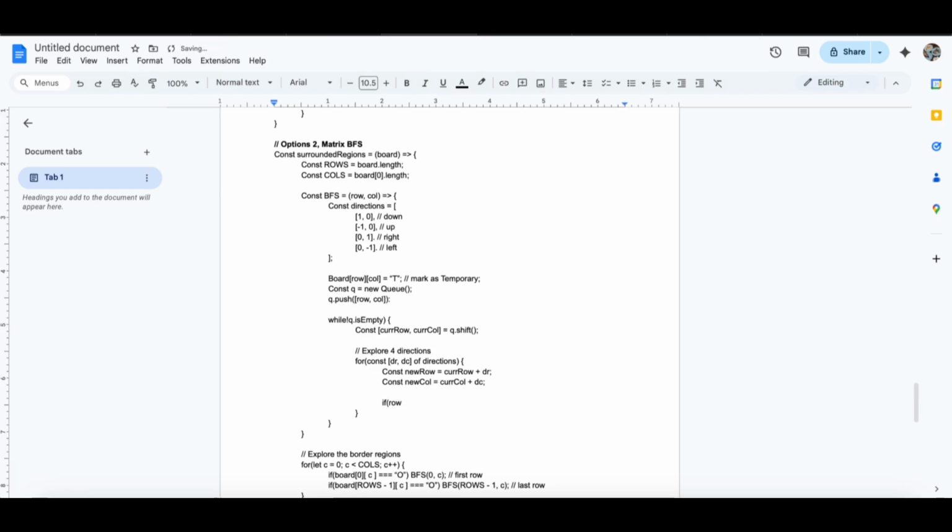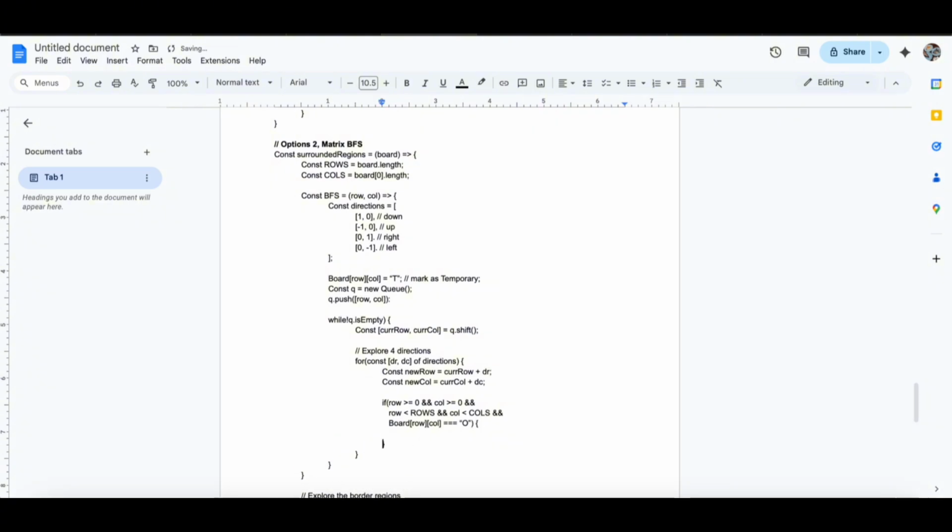If the row is bigger or equal to 0 and the col is bigger or equal to 0 and the row is smaller than rows, and the col is smaller than cols, and both row and col is a region, what do we need to do?